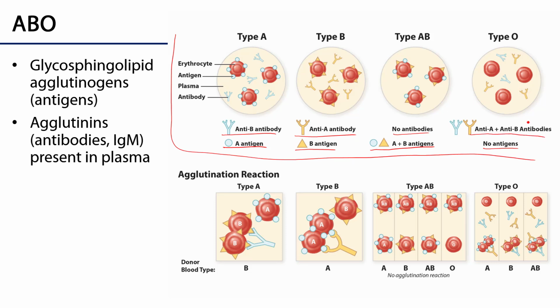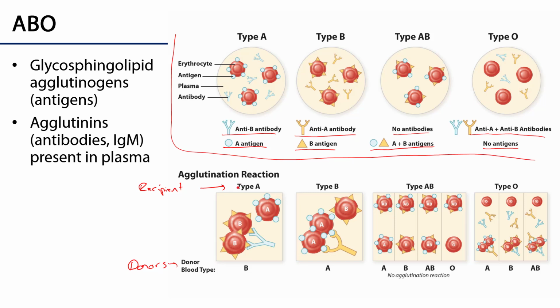So let's take a look at what can happen when various blood types donate to one another. So for starters, along this top row, that's going to be the recipient. And this bottom row will be donor blood.